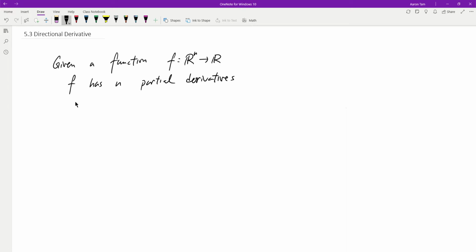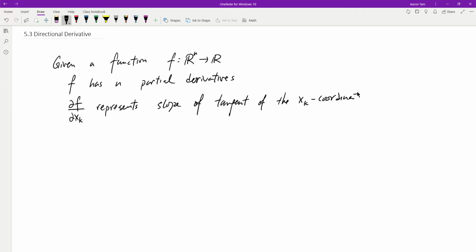And we understand that this partial derivative, which is called df over dx sub k, basically represents the slope of the tangent of the x sub k coordinate curve for the function f.